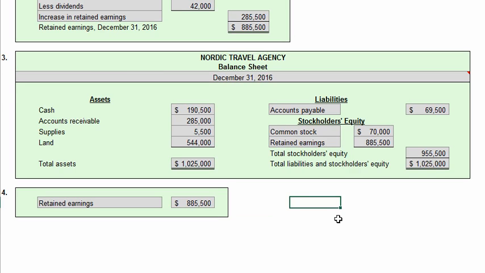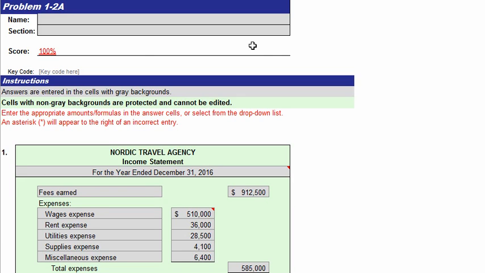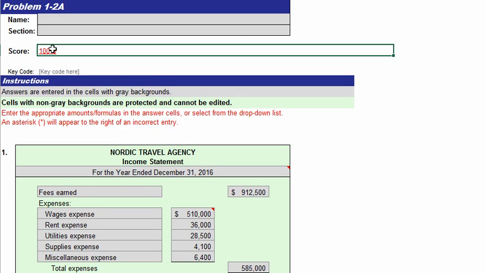Now one thing you're probably going to like about these templates, we won't use them for every problem we work. We are here in chapter 1. But you'll notice as you go along, it grades it for you. And thank goodness it worked out for me. We get 100%, and that's what you're shooting for, I know.